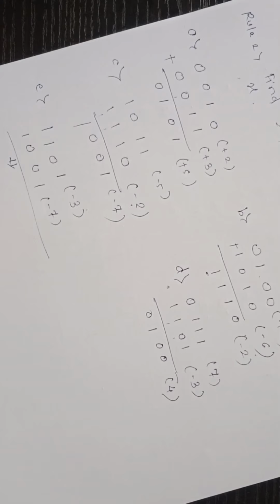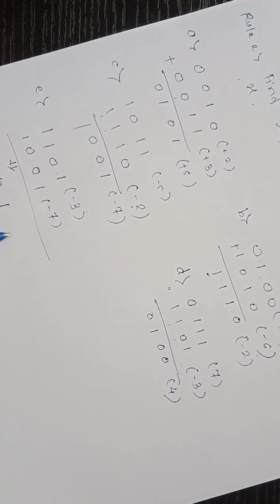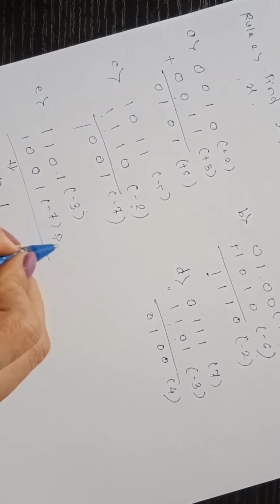The 2's complement of y is 0 1 1 1, and x is 1 1 0 1, and now we have to add.